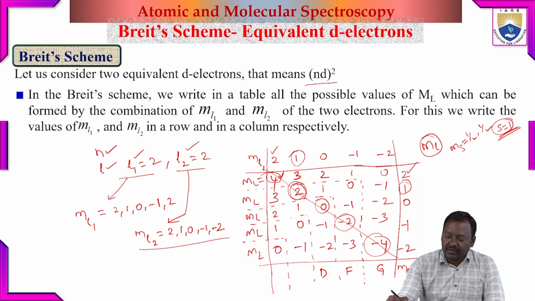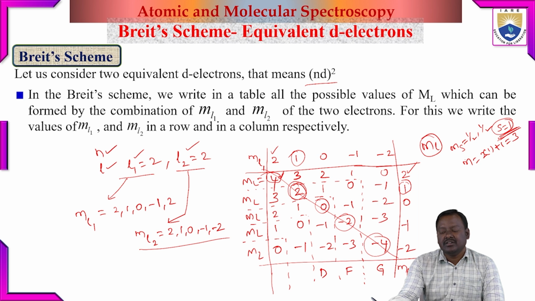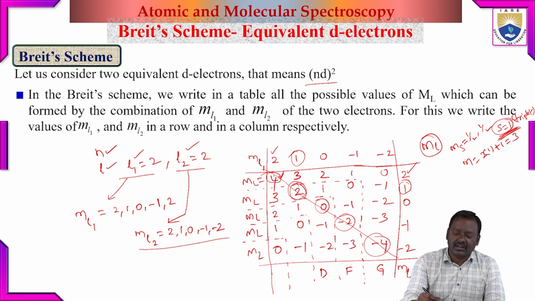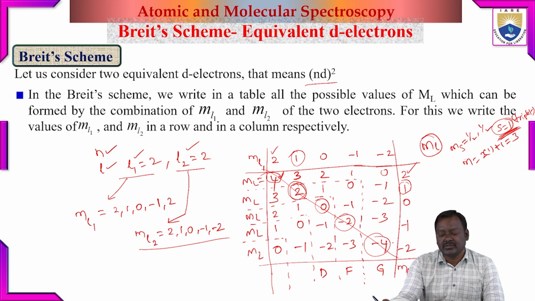When s equal to 1, that means the multiplicity m equal to 2 into 1 plus 1, that means triplet. So when s equal to 1, it is forming a triplet, and these values are not possible. We can take combinations except these corner diagonal values.